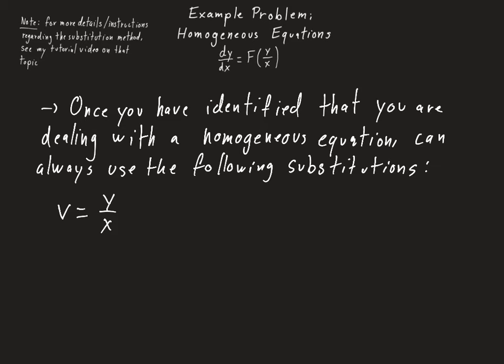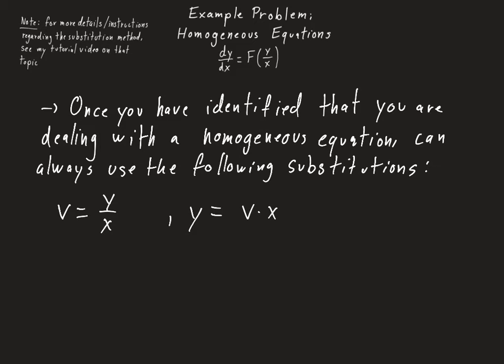And if we proceed exactly as I instructed you in the substitution method video, I also ask you to then write out, if you're using this as your v, what y must be equal to, and you'll see that y is always going to be equal to v times x.